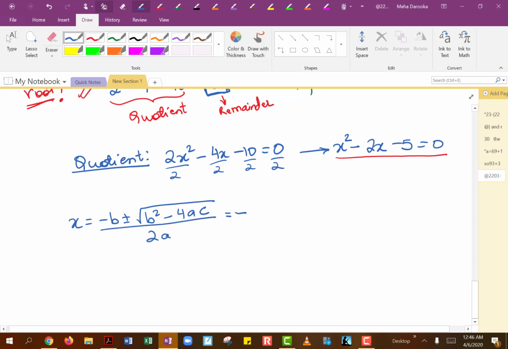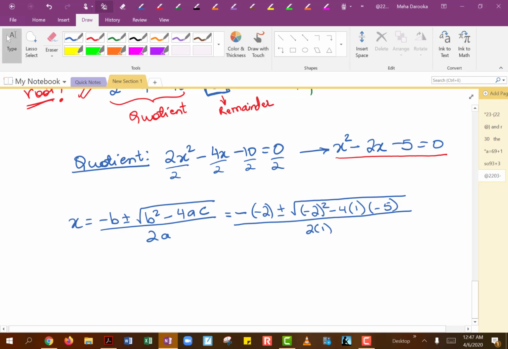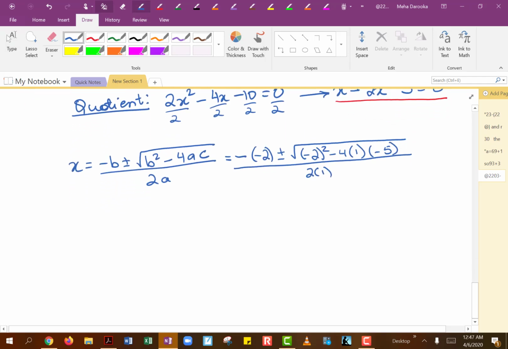So that's going to be negative b, and in this case b happens to be negative 2, plus or minus the square root. Again, that's b squared, which is negative 2 squared, minus 4 times a, which is 1, times c, which is negative 5, divided by 2a, which is again 1.